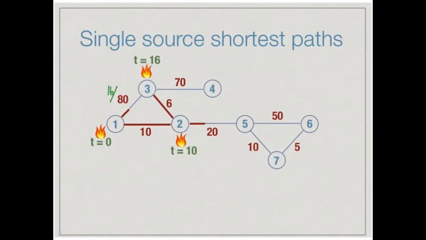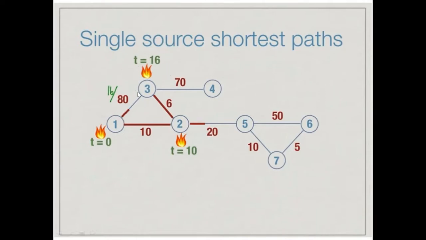So you can now see that for fire to reach from depot number 1 to depot number 3, it only needs 16 seconds and not 80 seconds, which visually one can assume is the shortest path, but no, this is not the shortest path. Actually, from depot 1 to depot 2 to depot 3 is the shortest path, which only took 16 seconds.